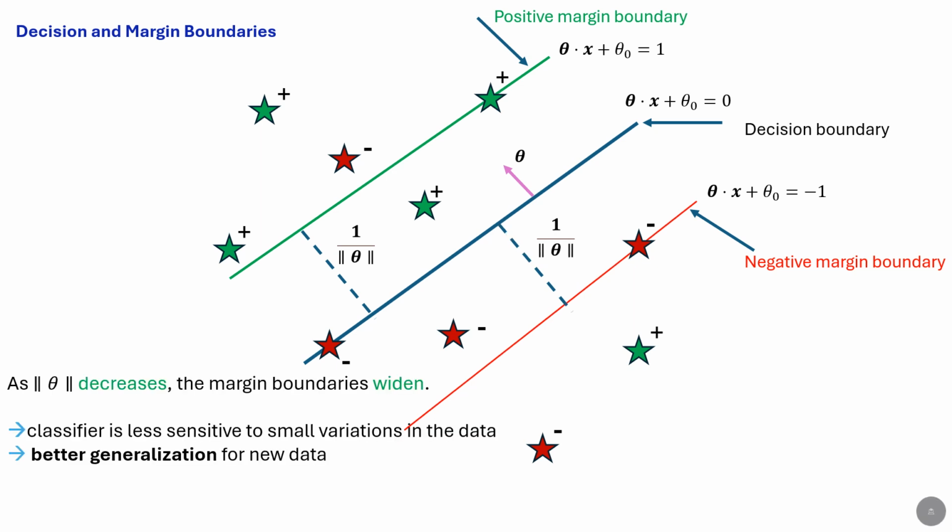As norm of theta decreases, the margin boundaries widen. A widened margin ensures that the decision boundary is not overly sensitive to small changes in points close to the boundary, and it keeps the boundary robust and helps generalize better to unseen data.